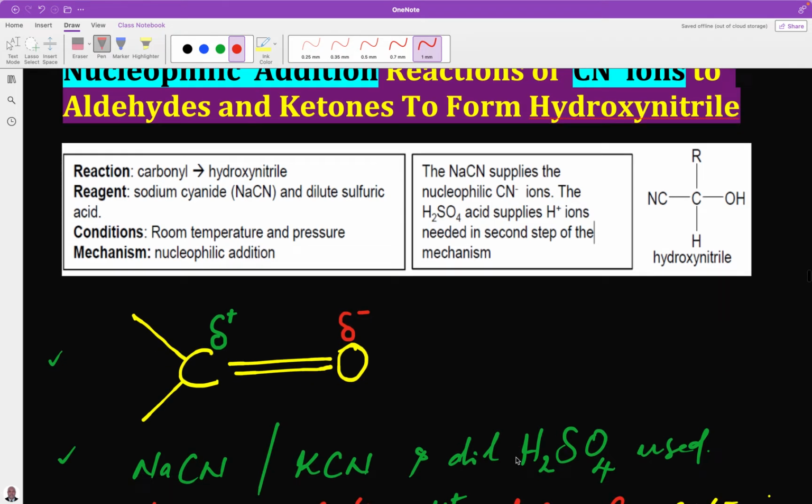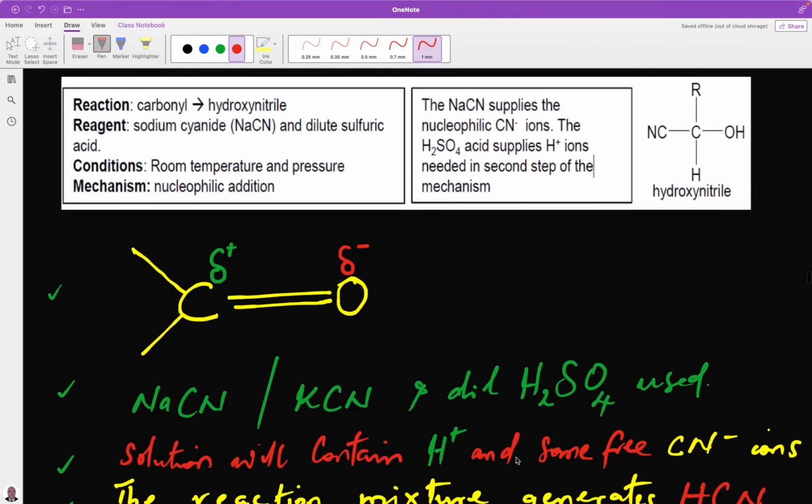As we discussed in our previous video, the polar nature of the carbonyl group in aldehydes and ketones enables them to undergo nucleophilic addition reaction.